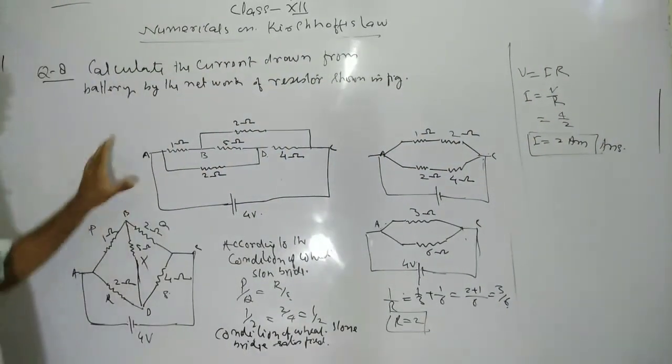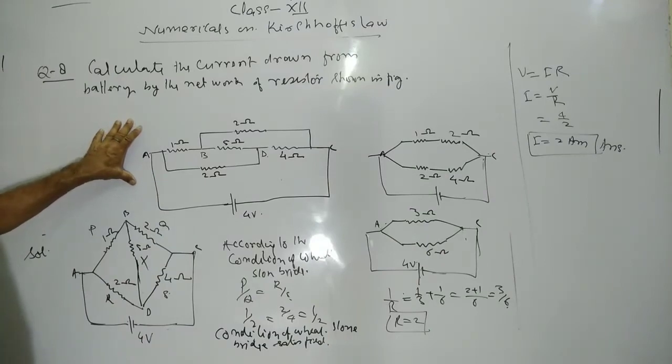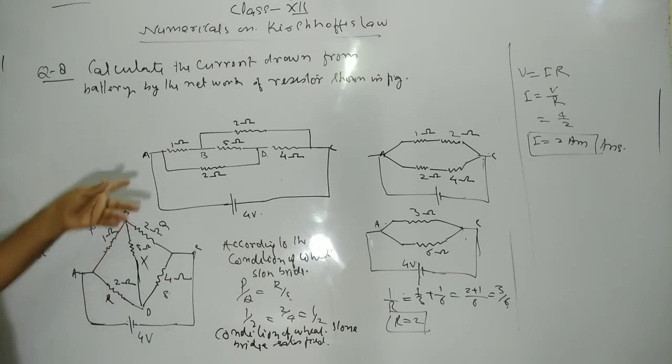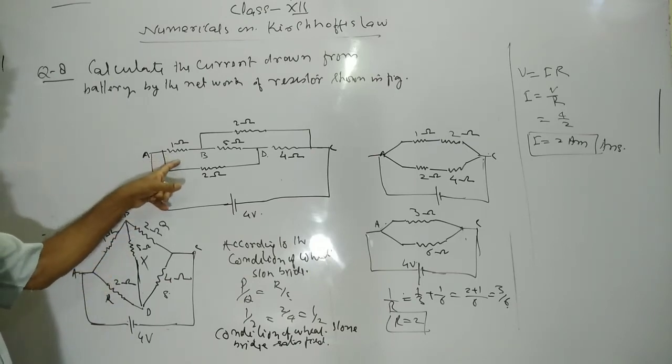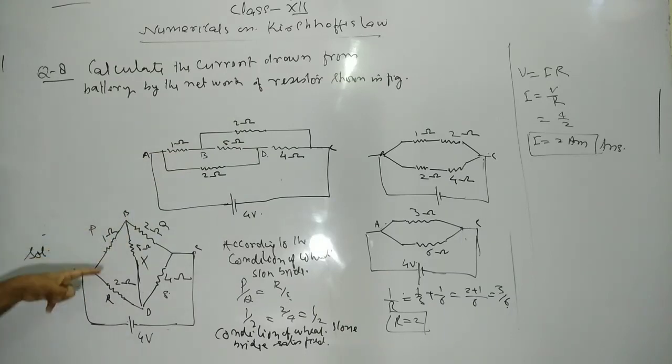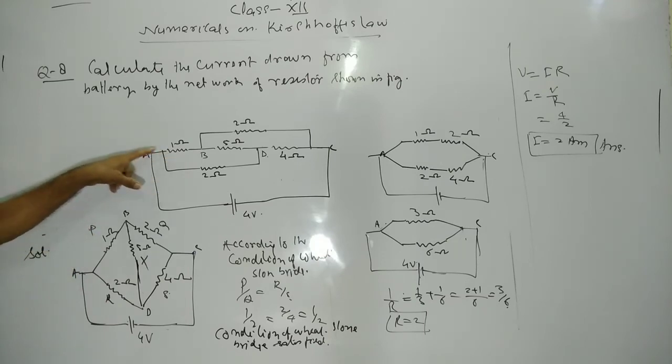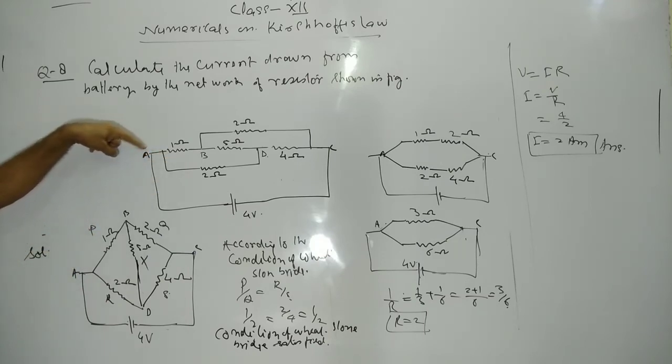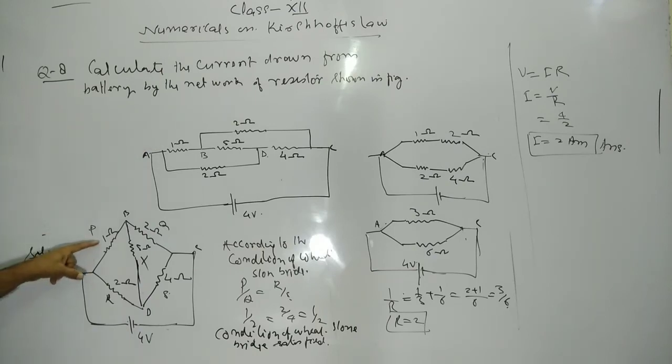Again, this circuit is given. We have to find out the current that passes through the network. These resistors are converted into this Wheatstone bridge. From A, there are 2 resistors, 1 ohm and 2 ohm.